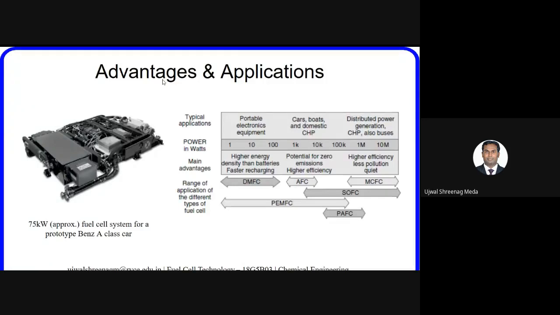So here you can see how compact an engine of a car is when a fuel cell is used. This is an example of an internal combustion engine that is used in Benz A-class car, and the capacity is around 75 kilowatt.